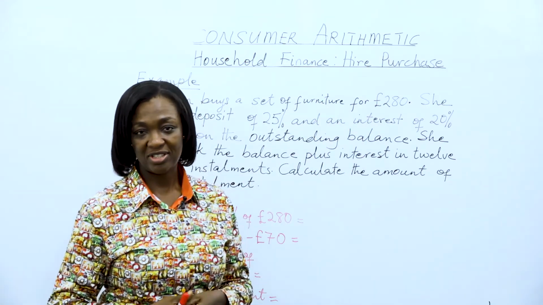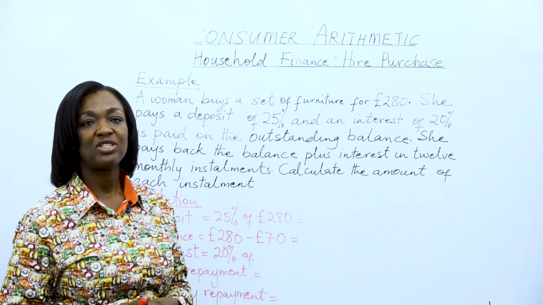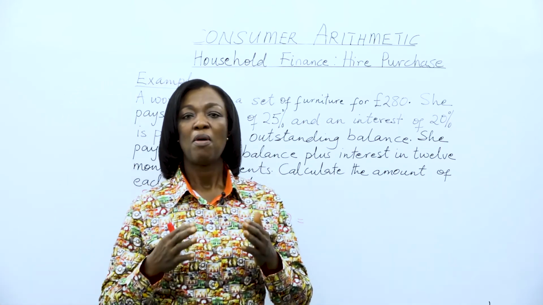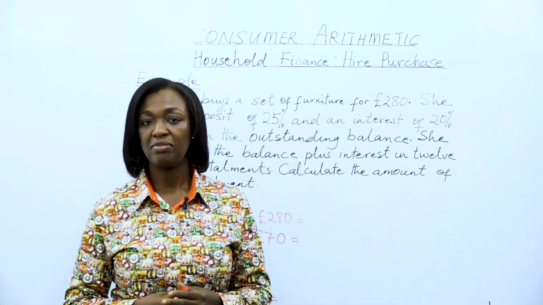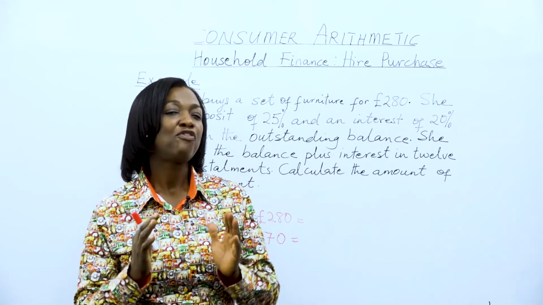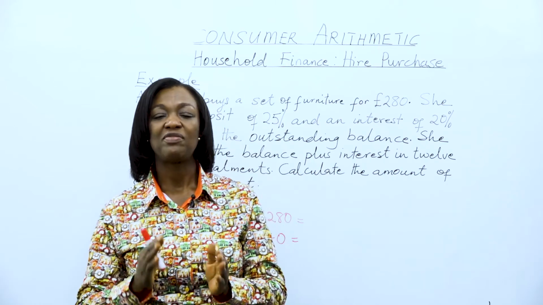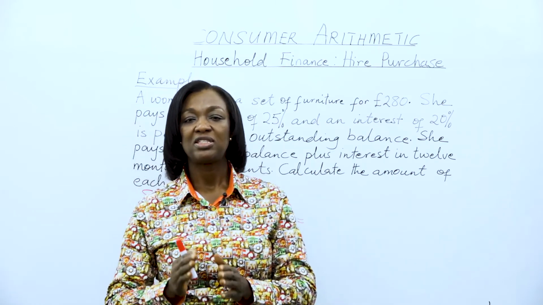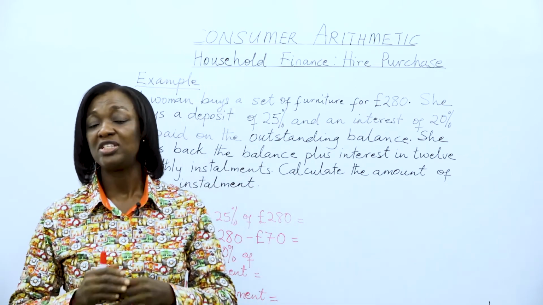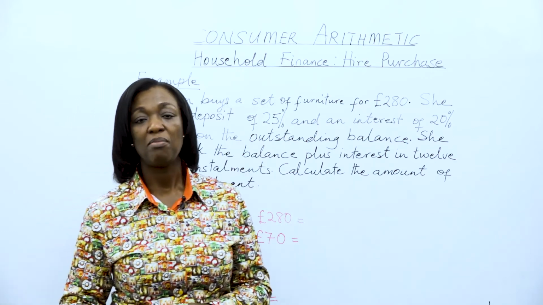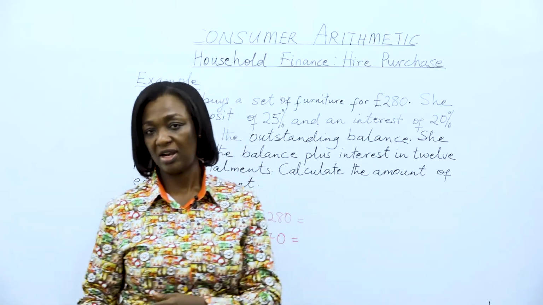What is hire purchase? Hire purchase is when you are able to buy an item without paying fully for it from the onset. And then the rest of the payment is split up depending on the terms agreed on by the buyer and the seller.